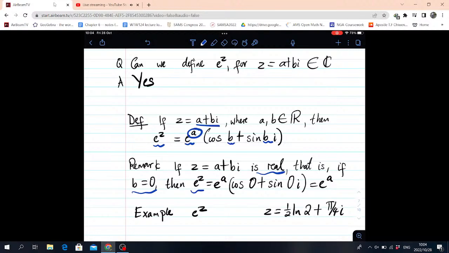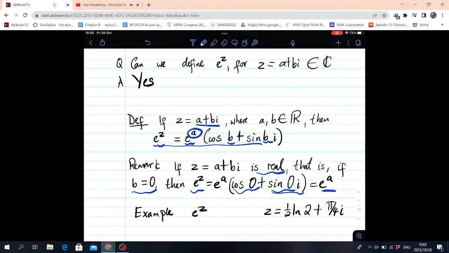So if we substitute into this new definition, we get e to the a times cos of 0 plus i sine of 0. Cos of 0 is equal to 1, and sine of 0 is equal to 0. So this disappears, and you're left with e to the a, which is what we expected if you're just dealing with real numbers.